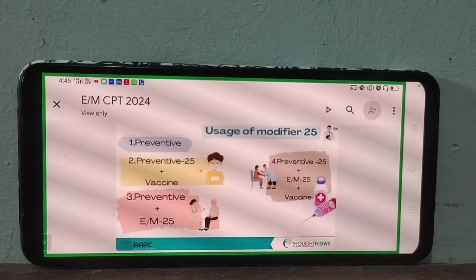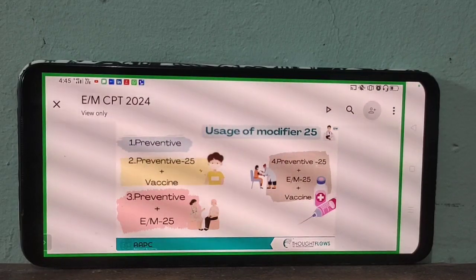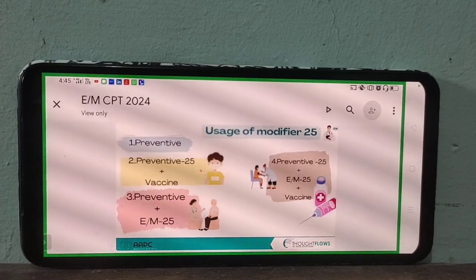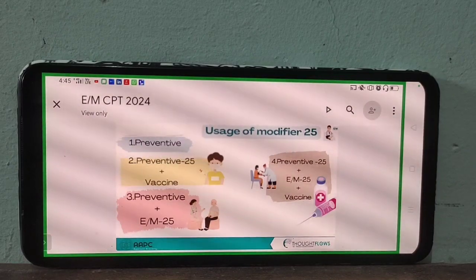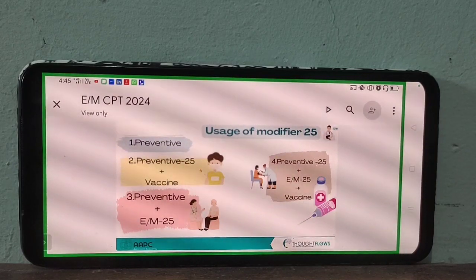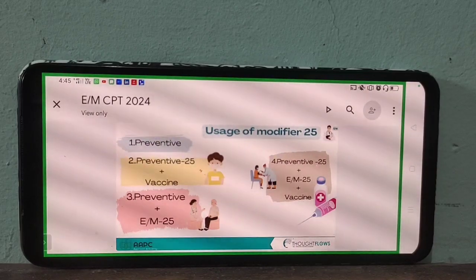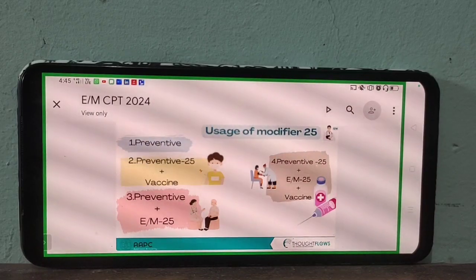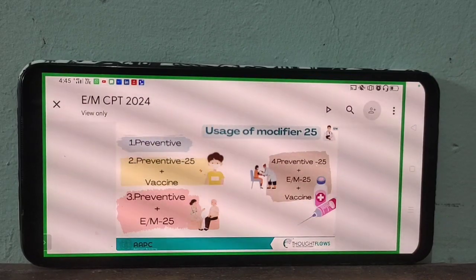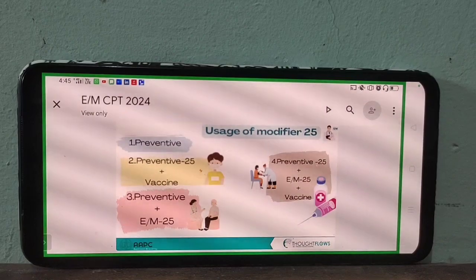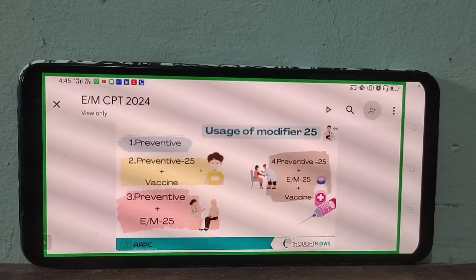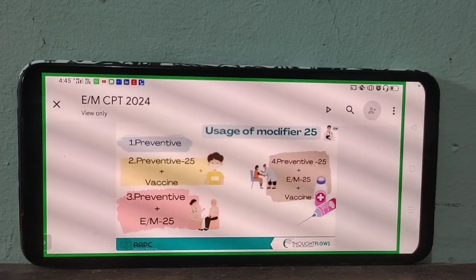Vaccine codes are present in the medicine chapter. I think everybody knows the medicine section is almost completed for you. So before the vaccine, the doctor gives the preventive service, and you should append modifier 25 with the preventive code. Preventive with E/M means you should append modifier 25 with the E/M.